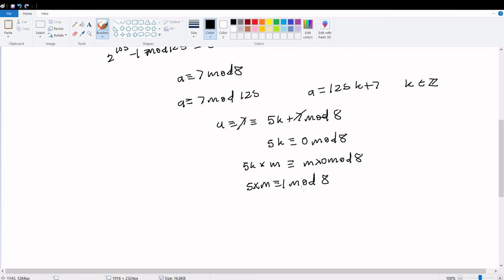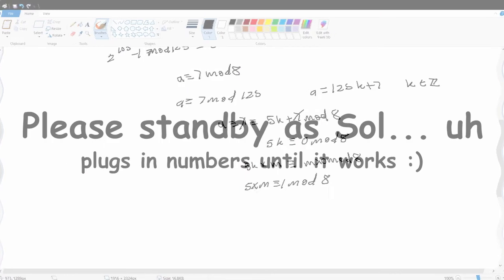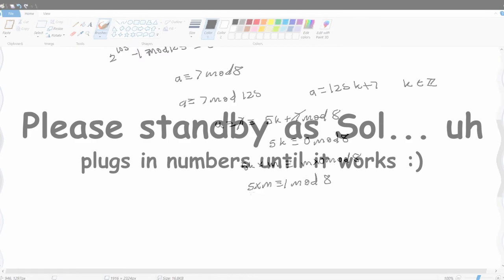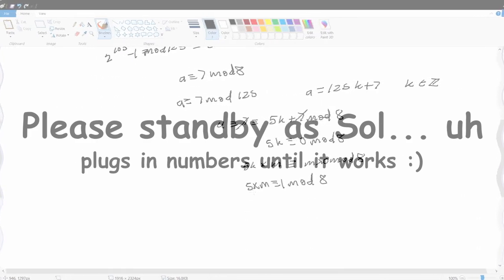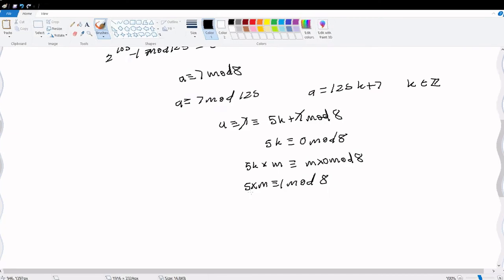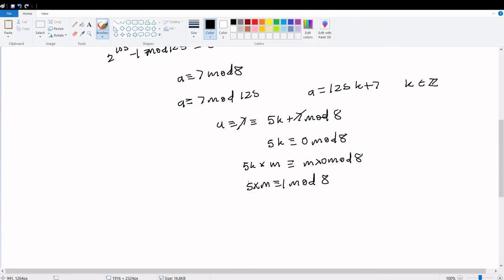So, 5 times m is congruent to 1 mod 8. That's not too hard. We don't have to examine too many values since there aren't that many in the first place. Okay, that works: 5 times 5. So m is 5, because 5 times 5 is 25, which is congruent to 1 mod 8.